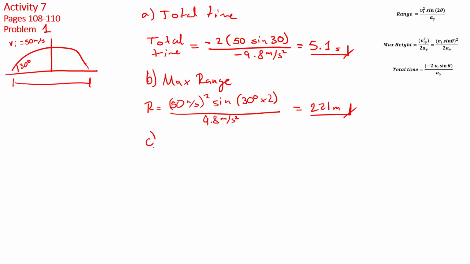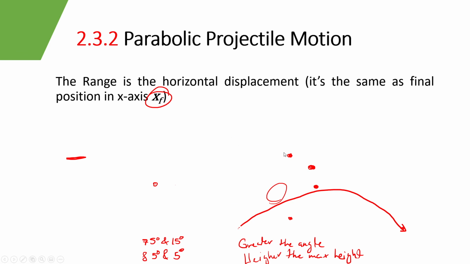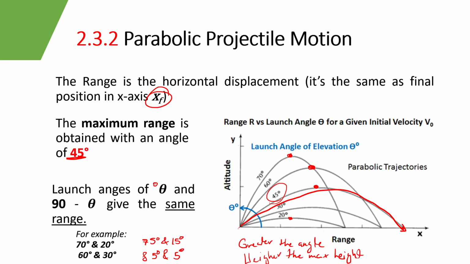And finally, they ask, what's the maximum range, but now at 60 degrees instead of 30. And you may remember something. The range is the same if both angles add up to 90. Probably you don't remember that, but maybe you do. And we checked that in this slide: if the angles add to 90, they will have the same range.